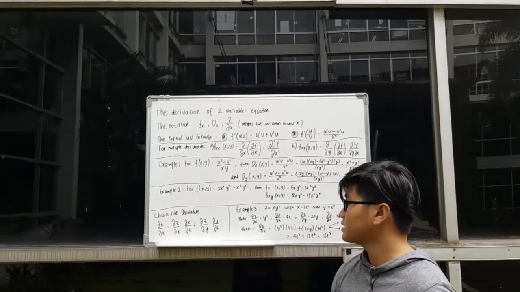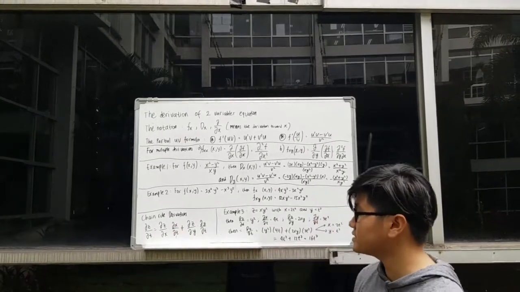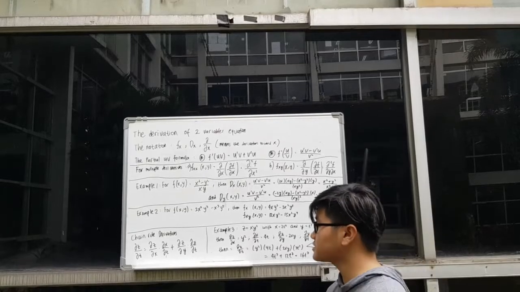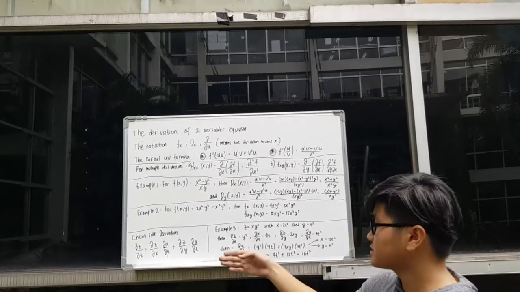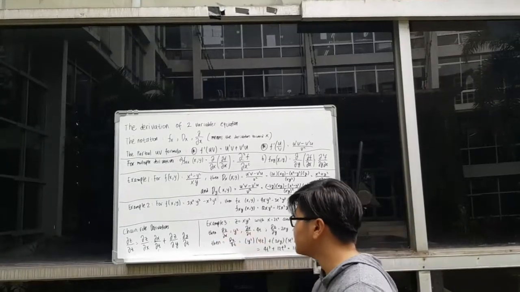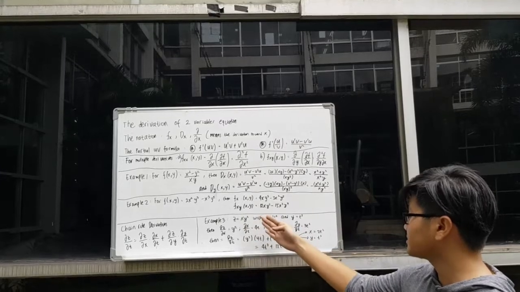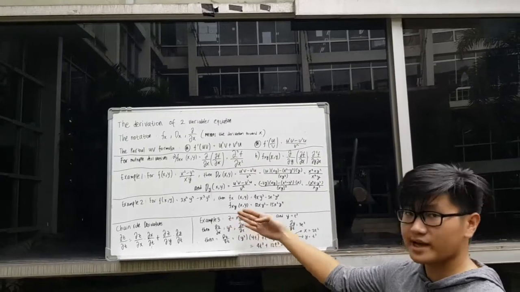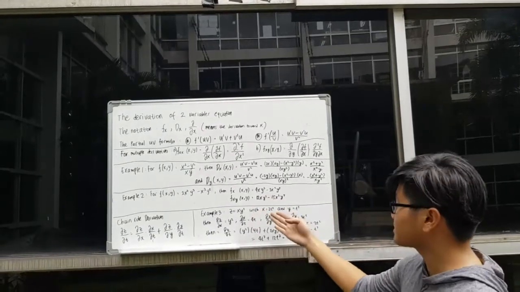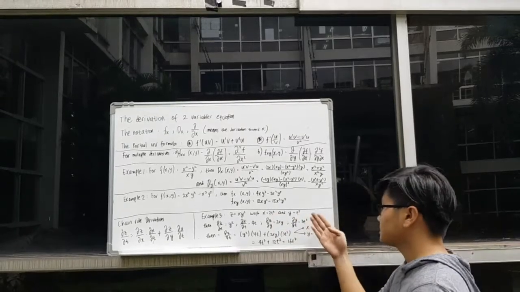And then the next is the chain rule. We know that dz/dt equals dz/dx times dx/dt plus dz/dy times dy/dt. So this is the example. We know that z is x times y squared, with x is 2t squared and y is t cubed.